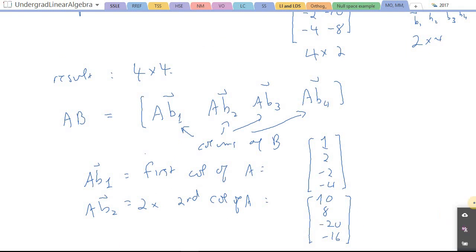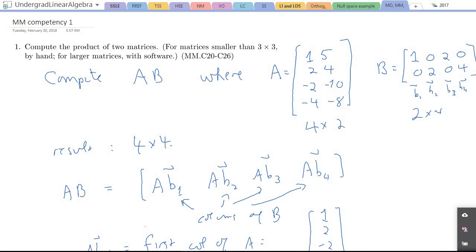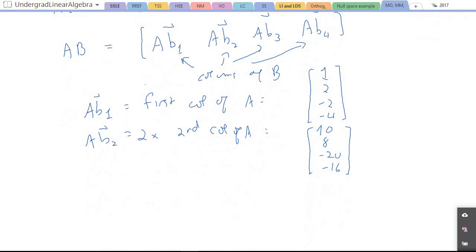All right, now let's look at AB3. Now, B3 is simply 2 times B1. So the result of AB3 is going to be 2 times AB1. So let me just write that. AB3 is 2 times AB1.